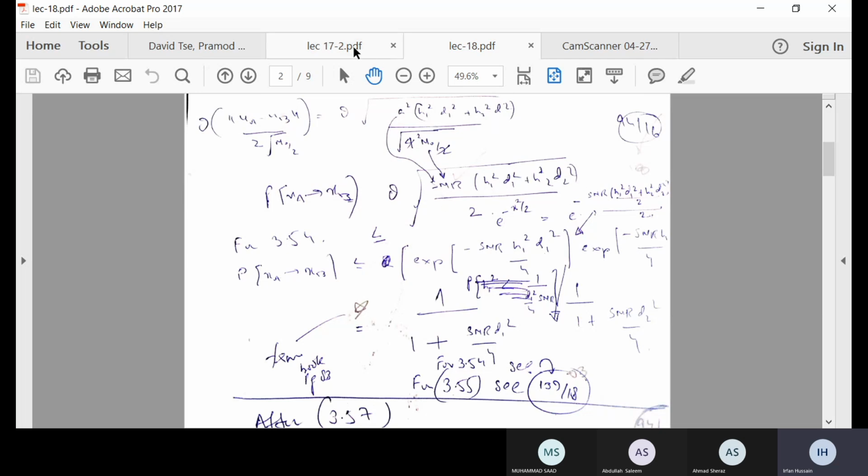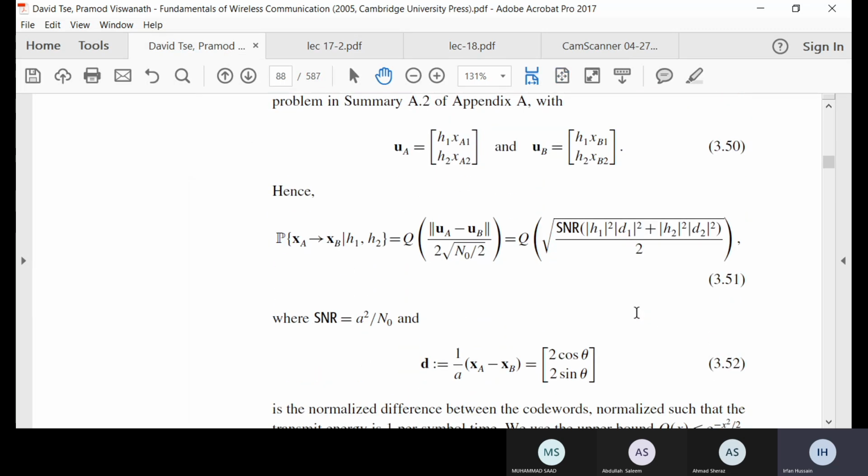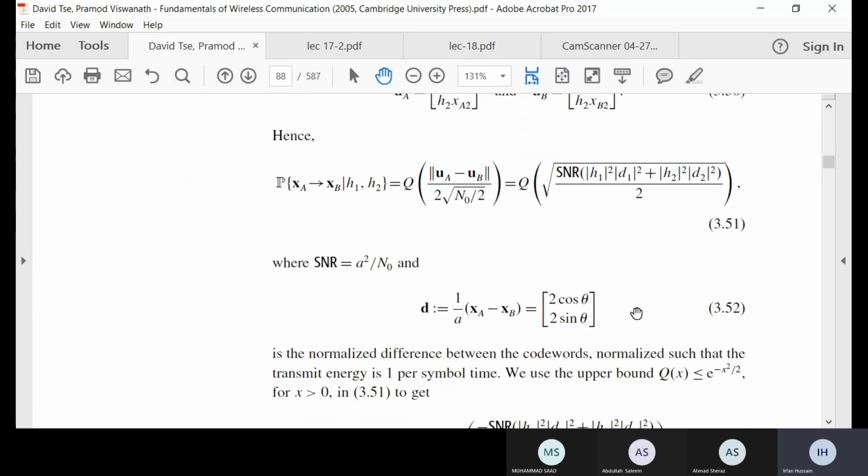Now again we know, you can go from the book here, that this probability of error, where you could see that we have defined D as follows: xa minus xb over a. It comes out to be 2 cos and 2 sin.